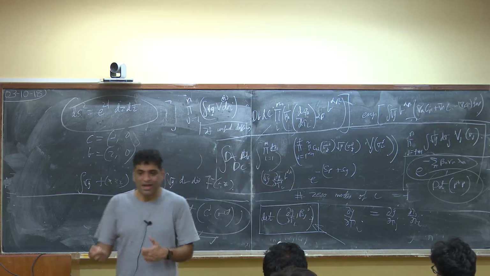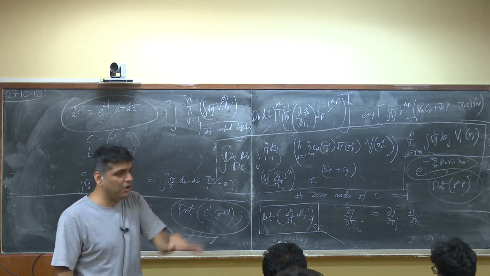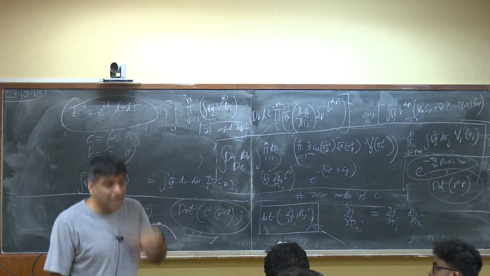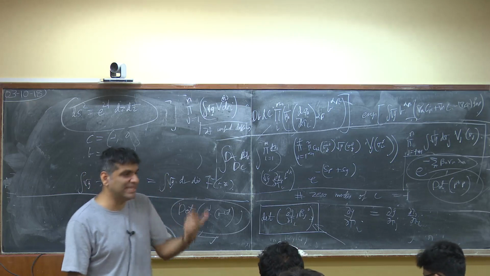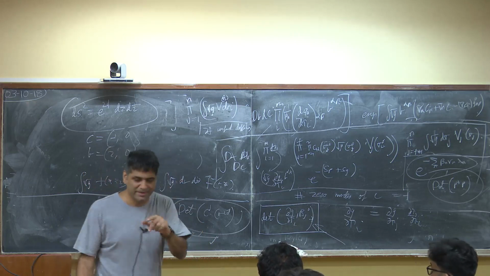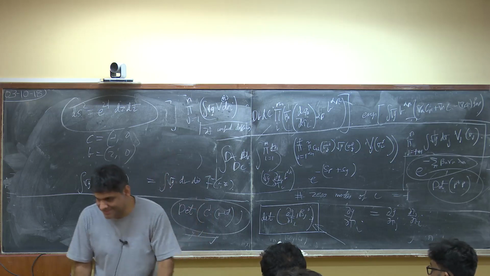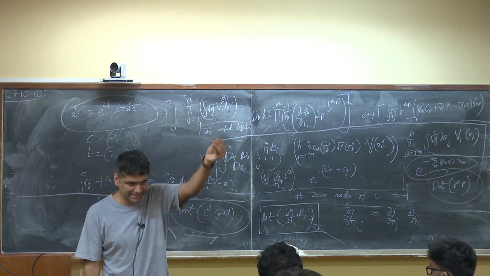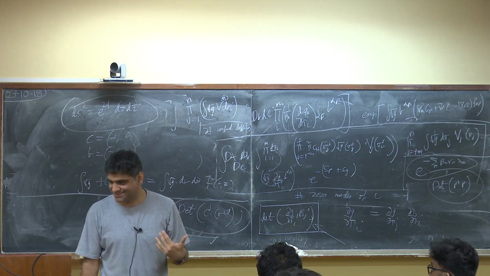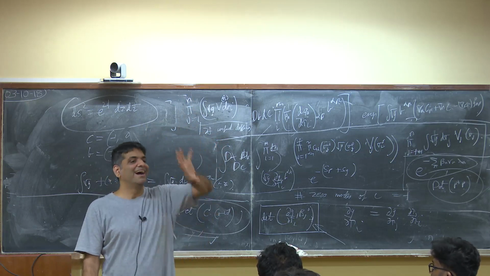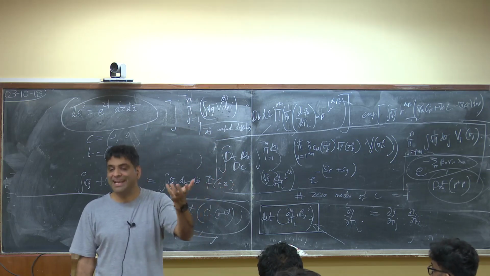Okay, so the natural objects to deal with, and this is the clean statement. What I wanted to show you, we will do next time, is that if you work with raised C objects and lowered B objects, the action does not involve any factors of the metric.